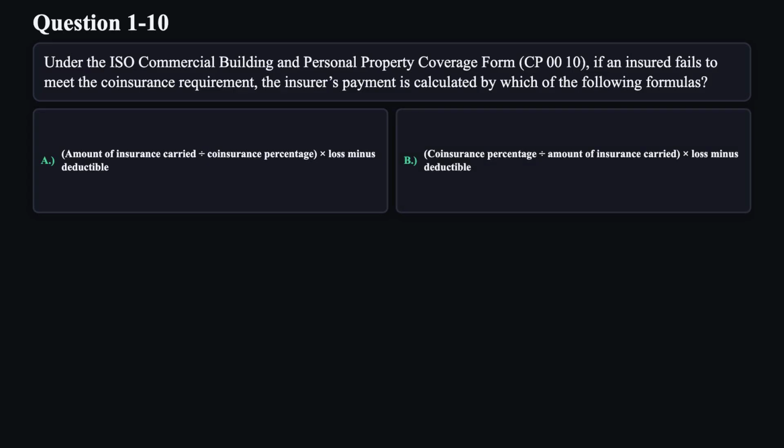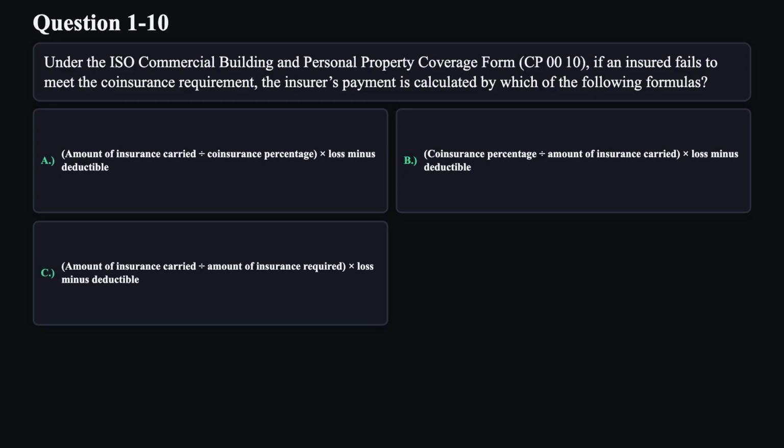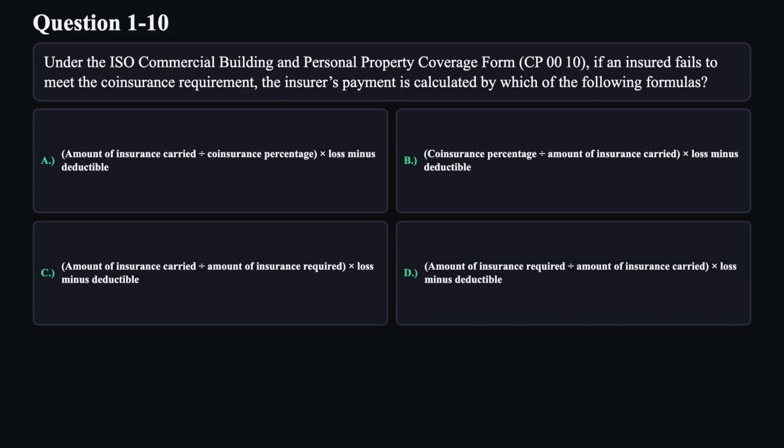B. Coinsurance percentage divided by amount of insurance carried, multiplied by loss minus deductible. C. Amount of insurance carried divided by amount of insurance required, multiplied by loss minus deductible. D. Amount of insurance required divided by amount of insurance carried, multiplied by loss minus deductible.